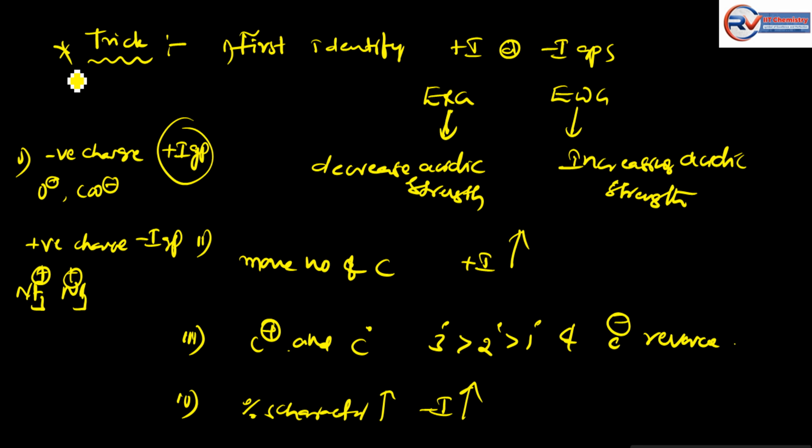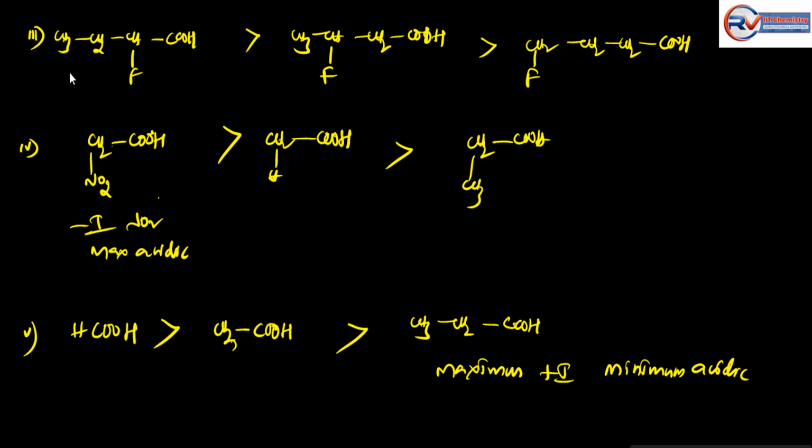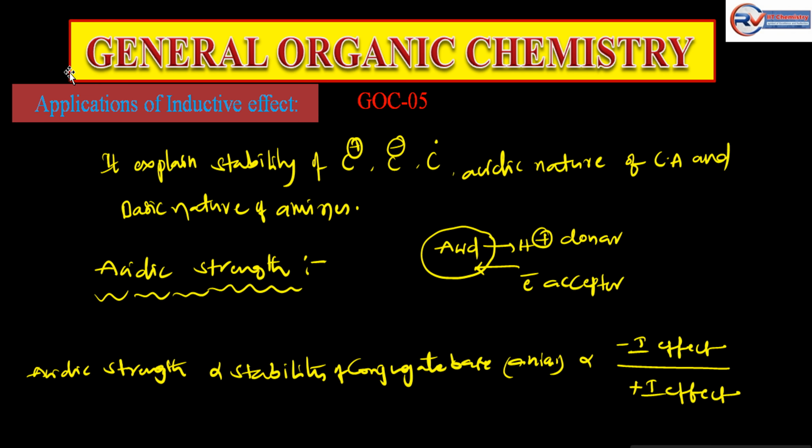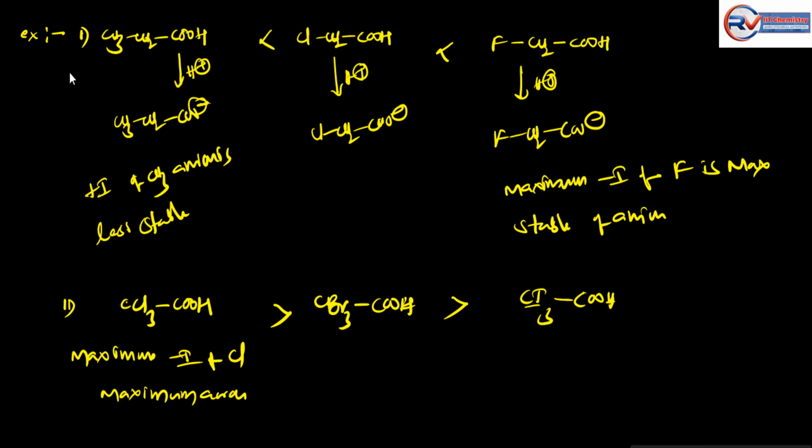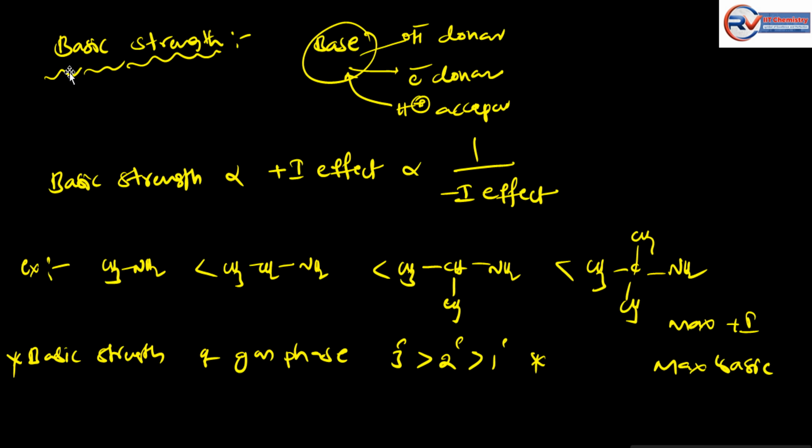Okay, let's revise the applications. Generally the inductive effect explains the stability of carbocation, carbanion, carbon free radical, and acidic strength and basic strength. Simply, the acidic strength is directly proportional to negative inductive effect group, and basic strength is directly proportional to positive inductive effect group.